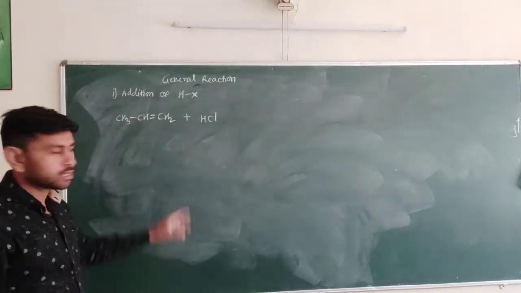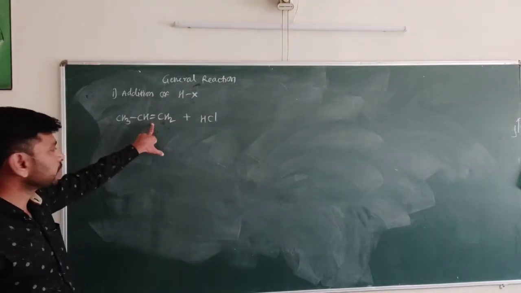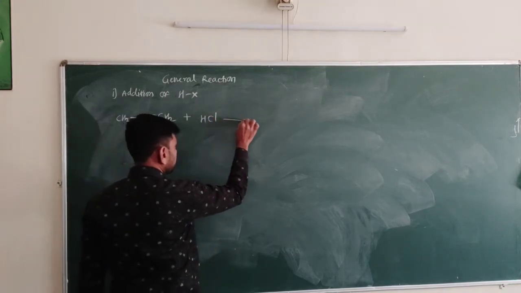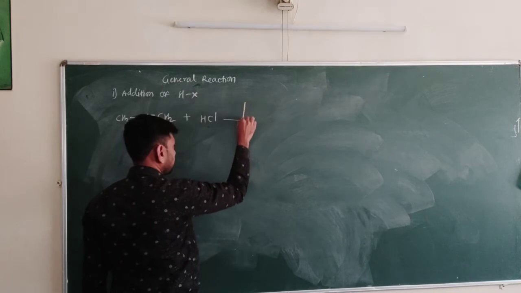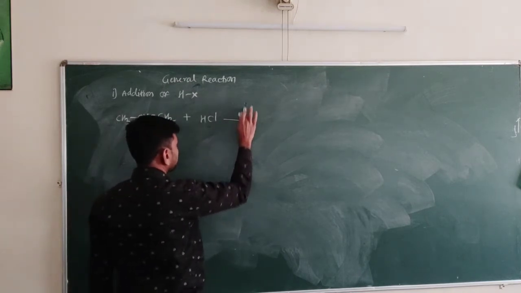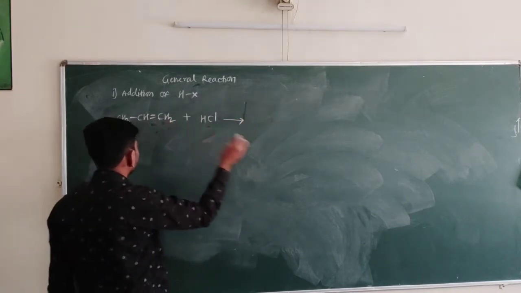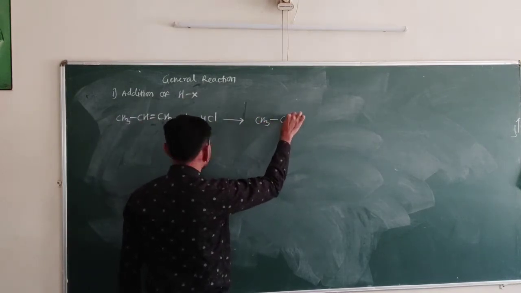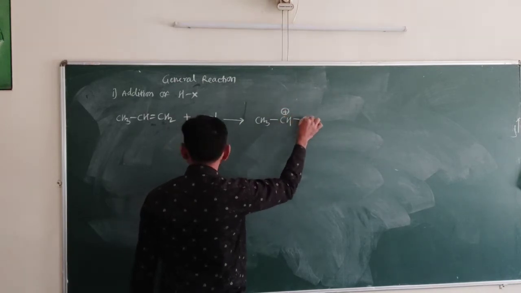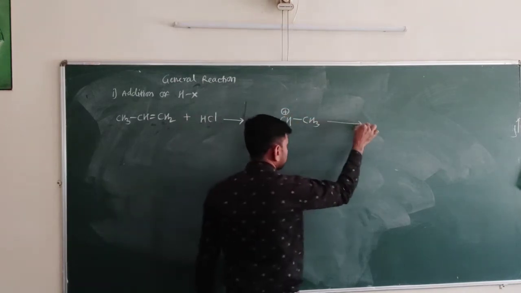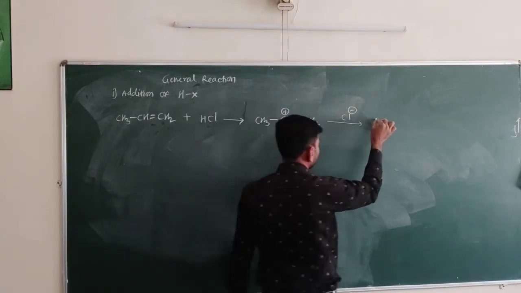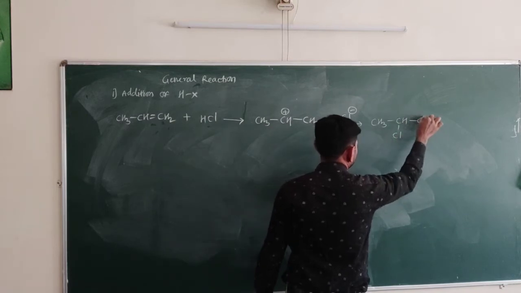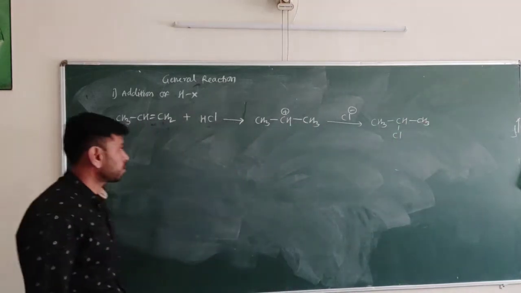So CH3CH=CH2 is the unsaturated hydrocarbon, and this is the reagent. Now with this reagent, first there is formation of carbocation CH3CH+CH3. In the next step, Cl minus, X minus, attaches and we get the formation of CH3CHClCH3. So this is the addition product.